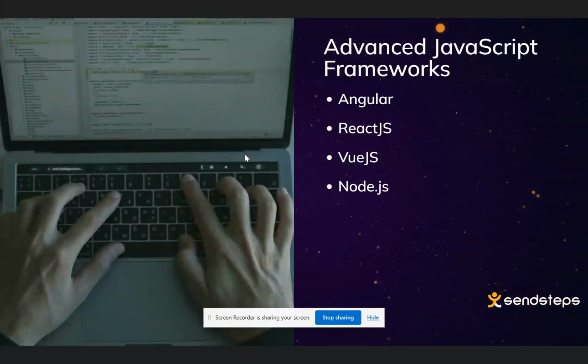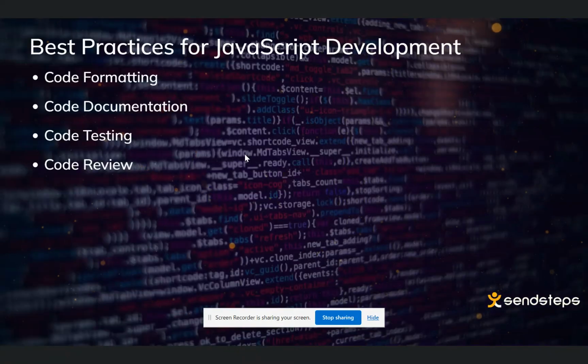And these are the frameworks that we have, like Angular, React, Vue. These are the top client-side frameworks that you can learn. It is also important to document things, format the code, and test code.